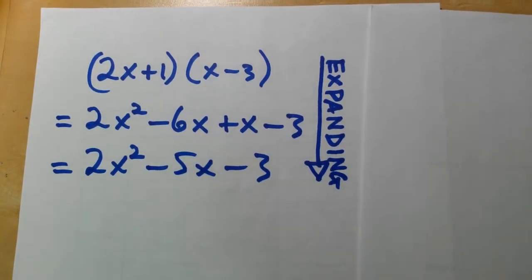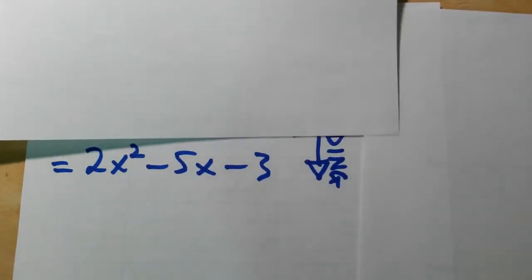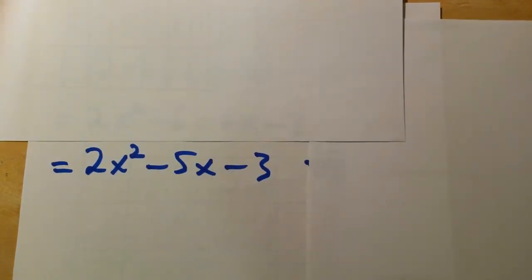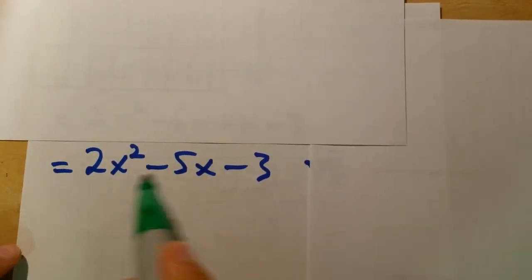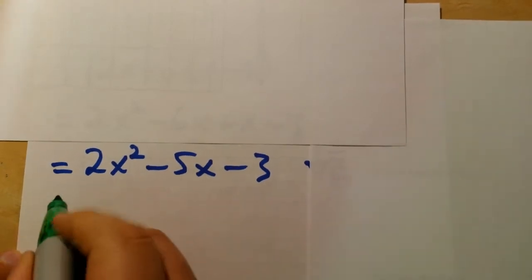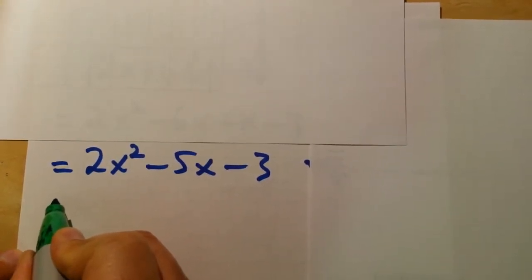But factoring, it is as though they give us the answer, the final result, and the question will say factor. So that means we want to find out what two binomials, what two expressions, cause this result.